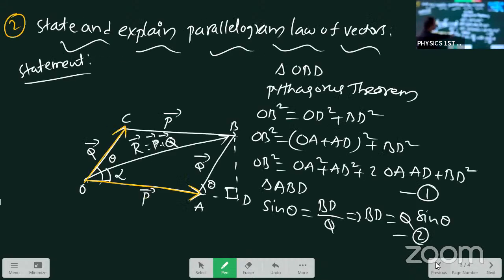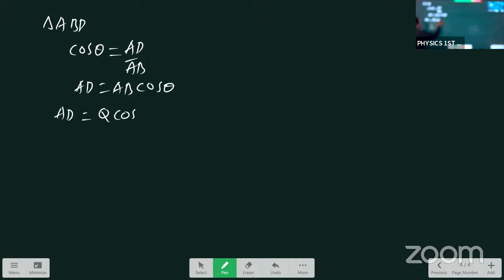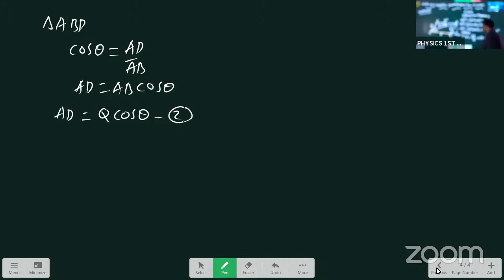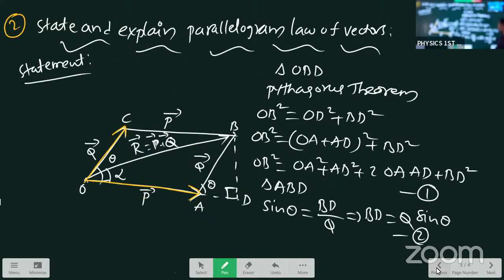In triangle ABD, sin theta means opposite side over hypotenuse, cos theta means adjacent side here, AD by AB. So AD equals AB into cos theta, Q cos theta. Equation number 3: AD equals Q cos theta.